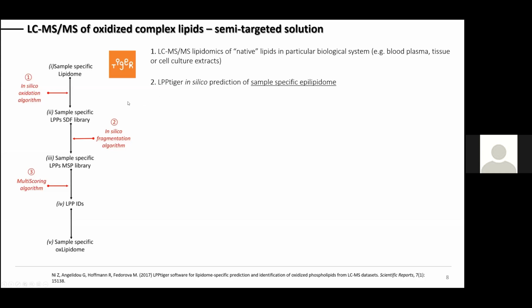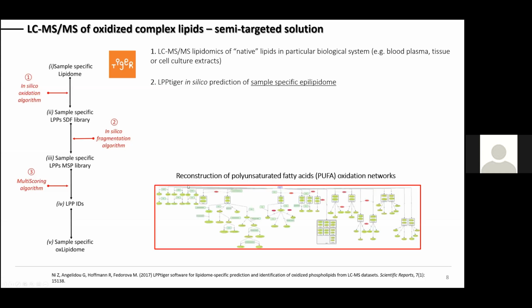And LPP Tiger does that not by simple enumeration of the oxygens, but behind this algorithm stand reconstructed metabolic networks, which we built based on the literature data for 10 polyunsaturated fatty acids, in the different ways they were detected to be oxidized.